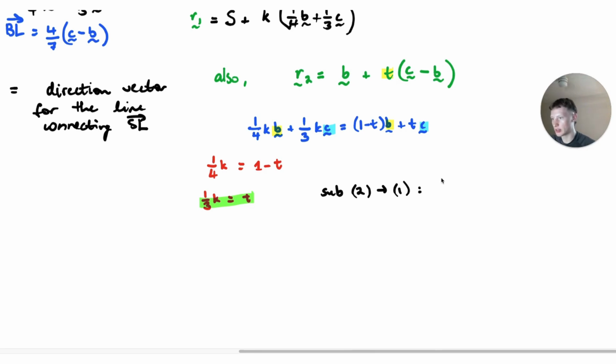And that will get us 1/4 K equals 1 minus 1/3, okay? We can then move the K's to the same side. So that is 1/4 K plus 1/3 K equals 1. Take K out front.